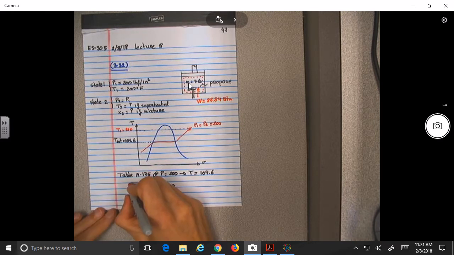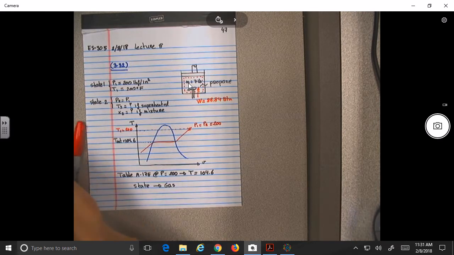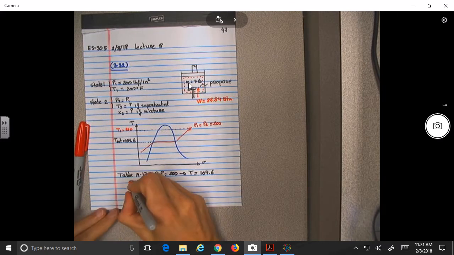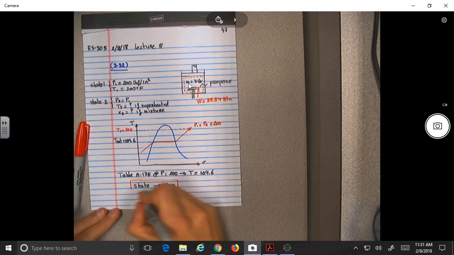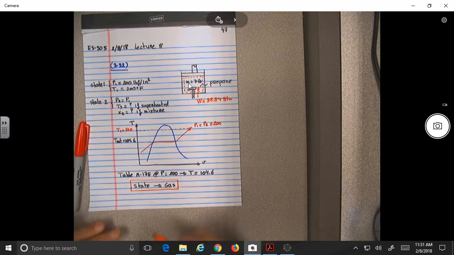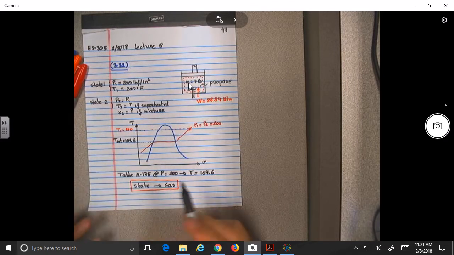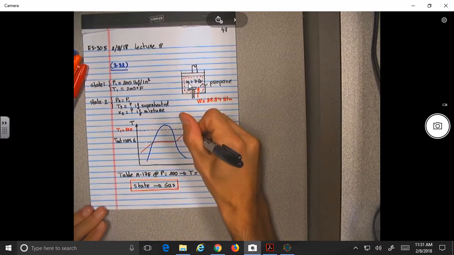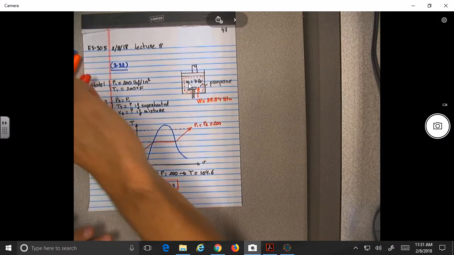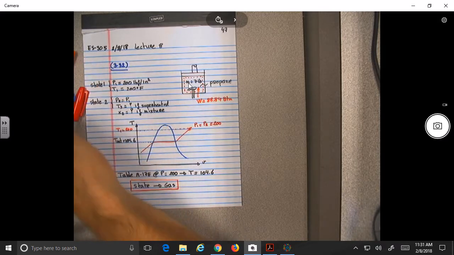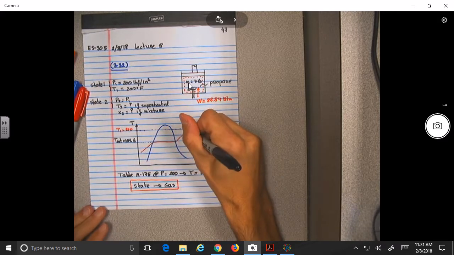So now that we know this, something we could do is, I think we're going to need it later, so let's just do it now.